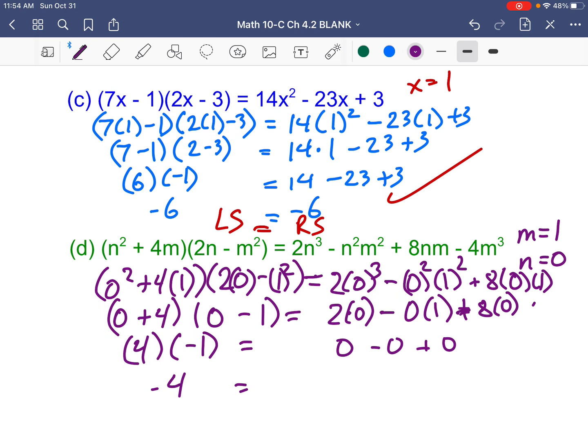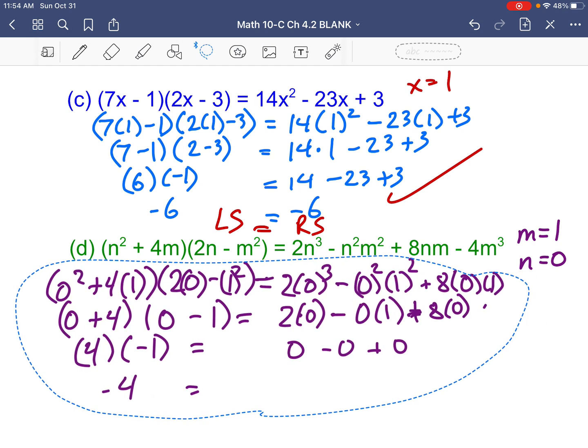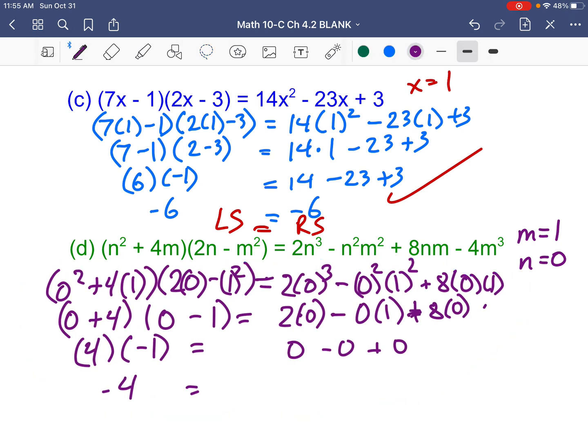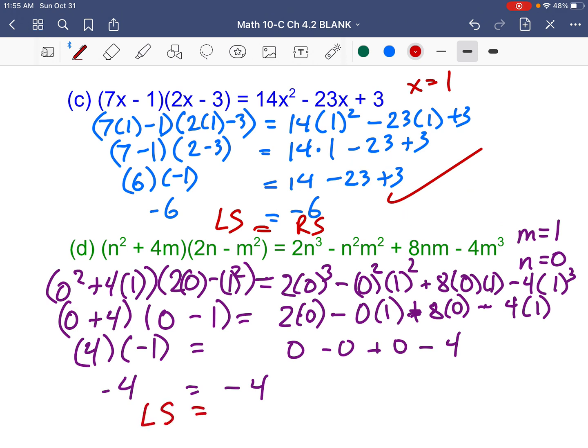And the last term is minus 4 times m, which is 1 cubed. So minus 4 times 1, which is minus 4. So left side equals right side. It's correct. Okay?